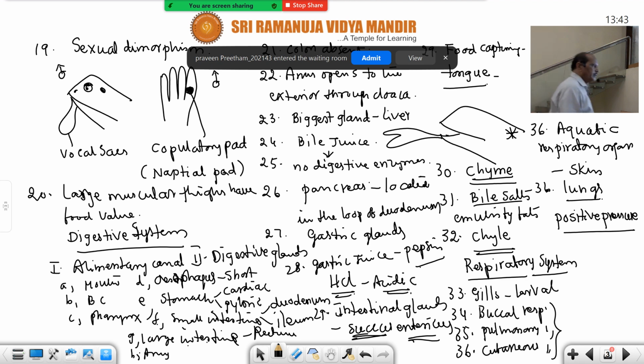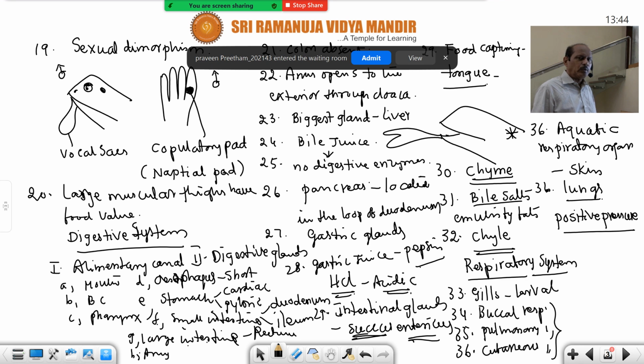Lungs are positive pressure because the buccal cavity forces the air into the lungs. The pressure exerted by the buccal cavity is positive pressure. In humans, air enters the lungs with no such pressure, that is why it is a negative pressure lung.